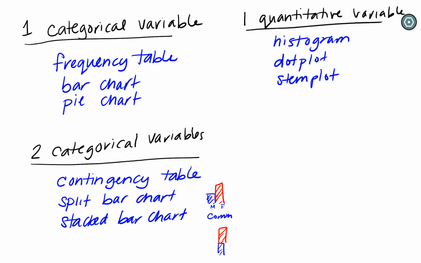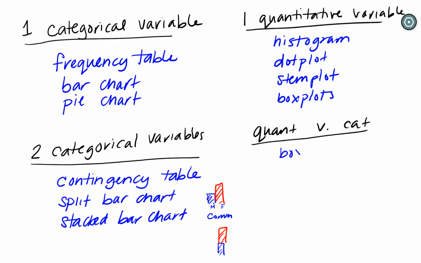And then we finished up part 2 with our discussion about box plots. And box plots were even greater than being able to just look at a single quantitative variable, because they gave us a way to look at a quantitative versus a categorical, right? In a box plot, what we were able to do was to investigate a relationship.